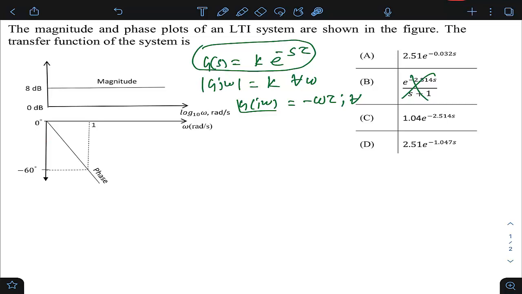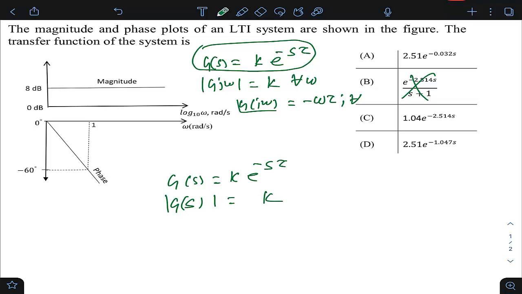So how do you get it? If I ask you what is the magnitude of this in the dB format, G of S is k into e raised to power minus s tau, we are telling, right? So G of S magnitude is k.